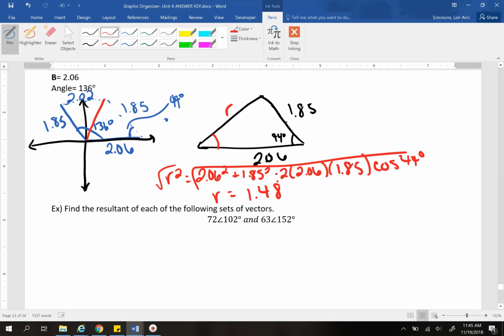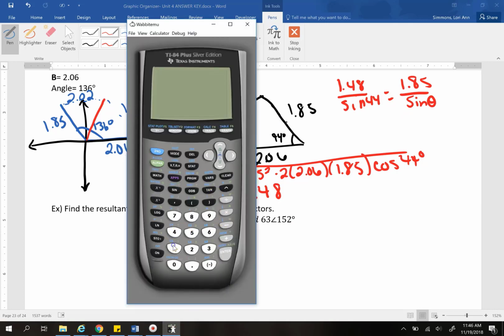And then we need to find the angle, so now we can use law of sine. We have 1.48 over the sine of 44 equaling 1.85 over the sine of theta. Cross multiply, divide. So it's going to be 1.85 times the sine of 44 divided by 1.48.